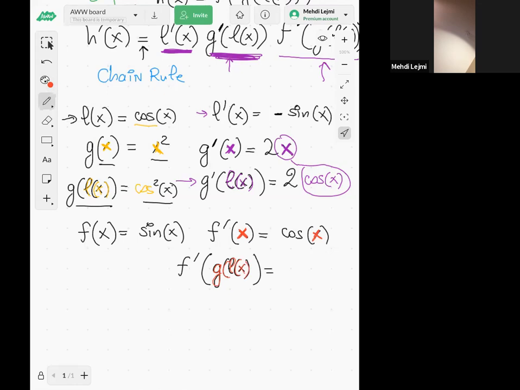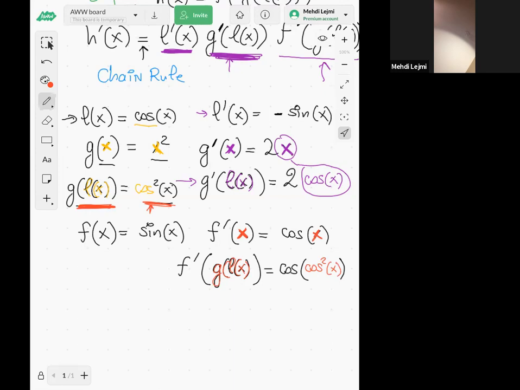So it's going to be cosine of, and instead of x, we're going to have g of L of x. Now, what's g of L of x? Well, we said it's cosine square of x. So here we're going to have cosine square of x.